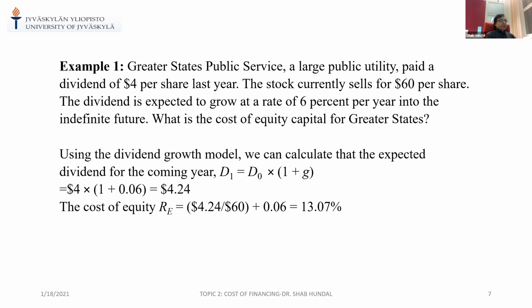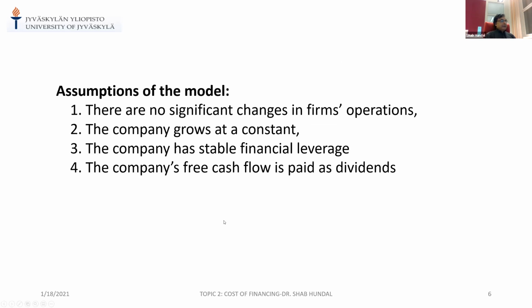So you can calculate that the dividend was $4 last year, so in the zero period, and then it has grown at 6%. So now it's 4.24. We calculate D1, and what else do we need? We need R, and we have the price. We have the stock price, and then we need the expected return on equity.